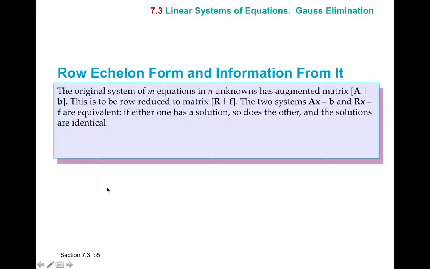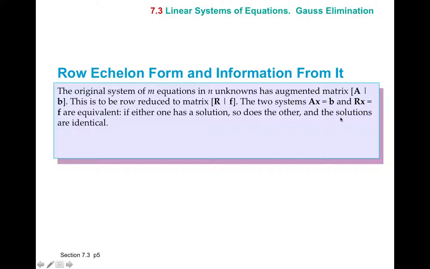So what can we determine from row echelon form? If we have some original system of m equations and n unknowns, with an augmented matrix where A is our coefficient matrix and B is our solution column, this can be row reduced to a row echelon matrix R with right-hand column F. These two systems, AX equal B and RX equal F, are equivalent.